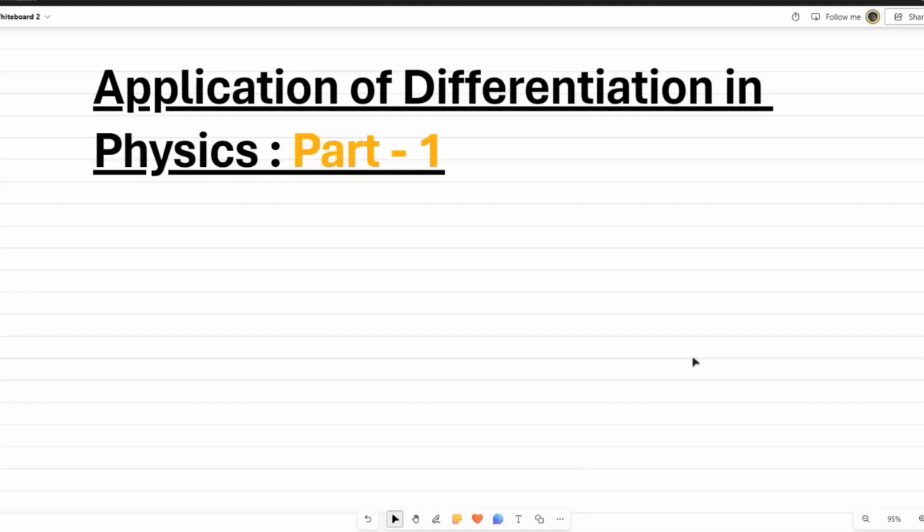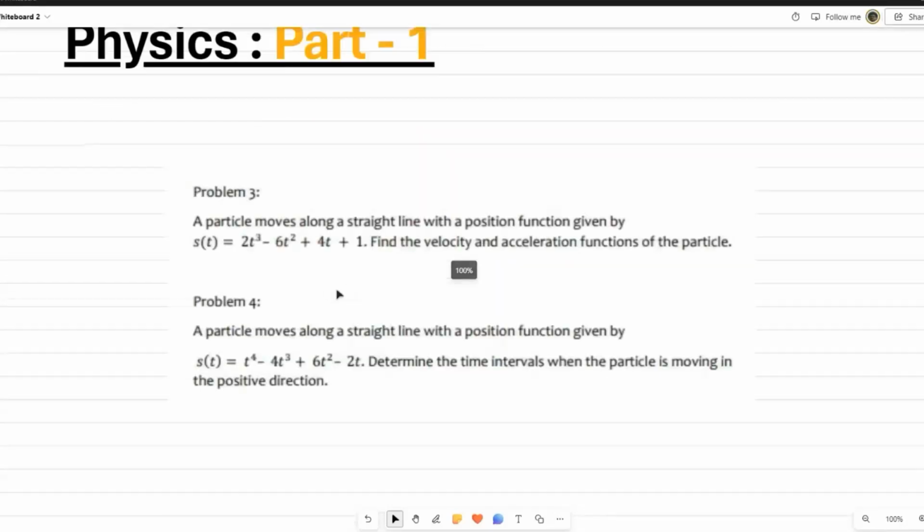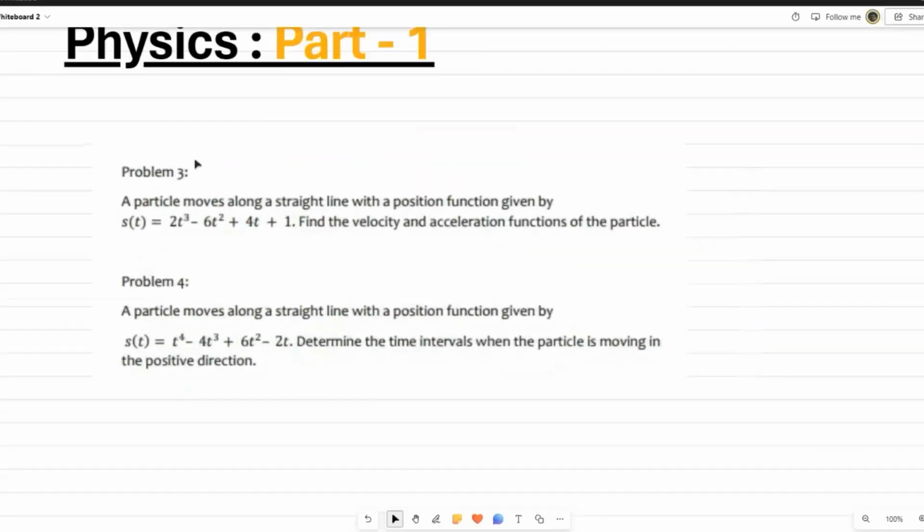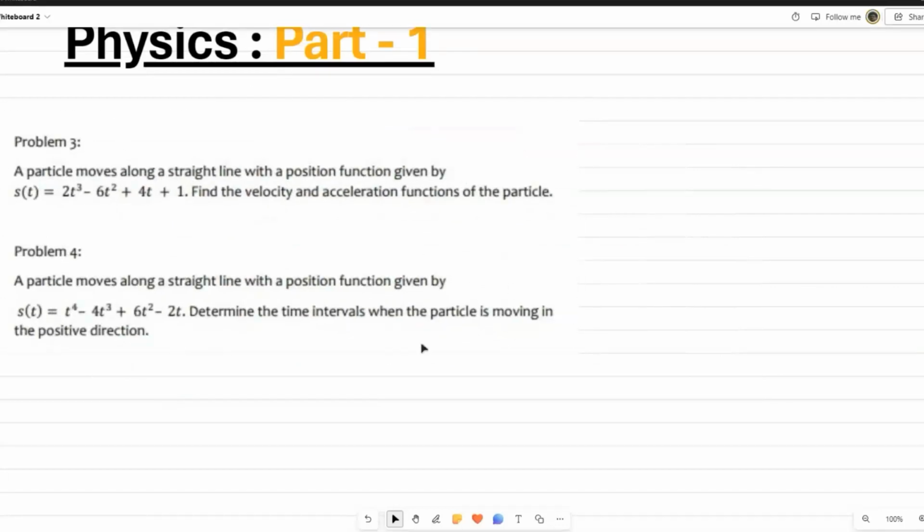So let us start with one simple problem here, like this sum. I have problems 1 and 2, but those sums are substandard, very easy. I did not do them.